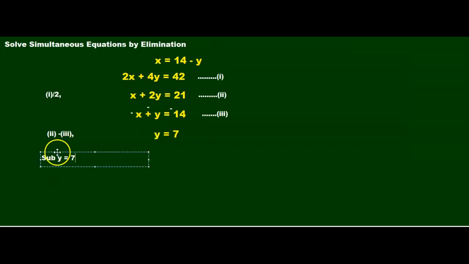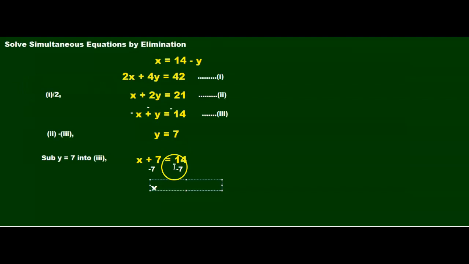I'm going to substitute it into equation 3. So I have x. Now my y equals 7, so I'm going to plus 7 equals 14. Minus 7 on both sides. x equals 14 minus 7 gives me 7. And that's how we solve the equation.